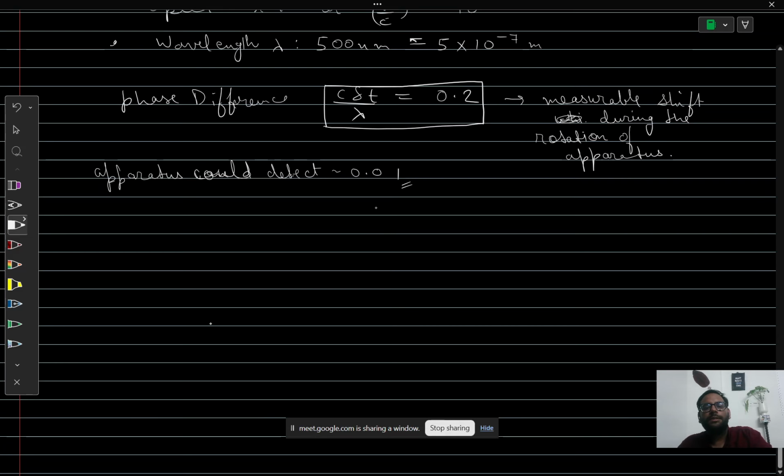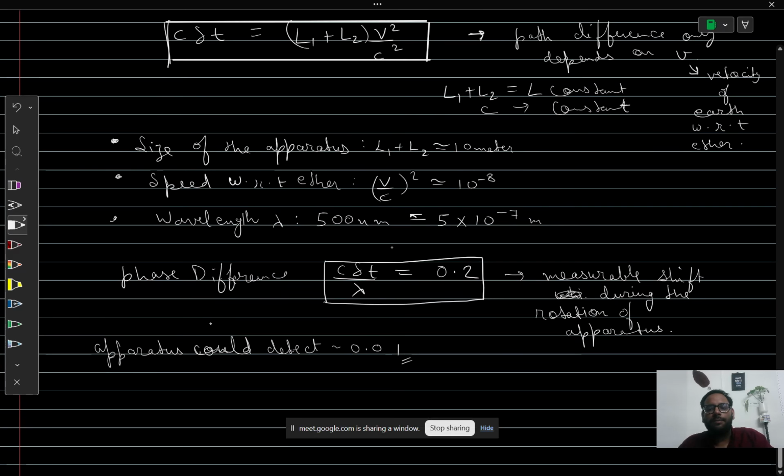So it was very sensitive, and 0.2 is very much larger, so it is obviously detectable.